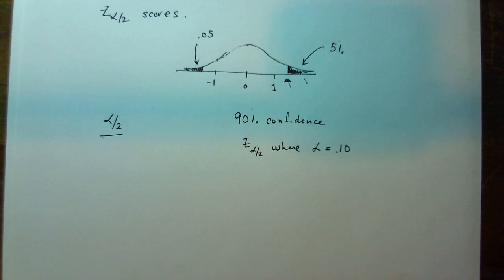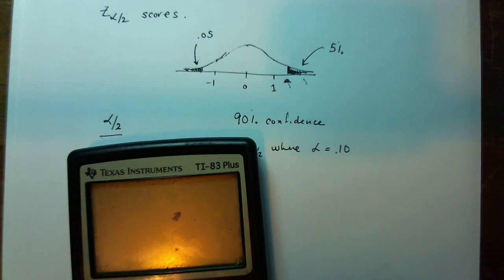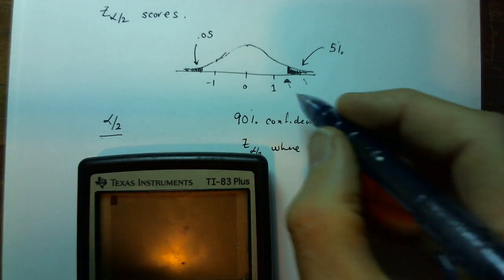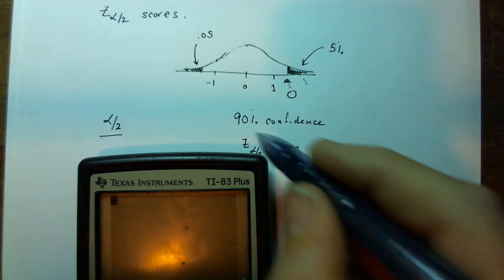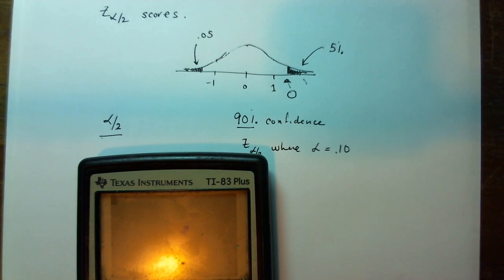So the easiest way to do this is to use the calculator. We don't need to make things harder than they have to be. So let's clear this out. If I'm looking for this point for a 90% confidence, then alpha is going to be 10% and alpha over 2 is going to be 5%.